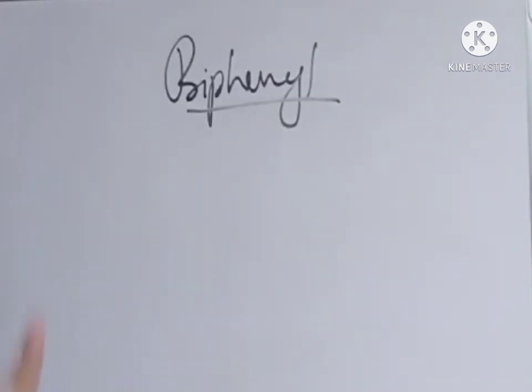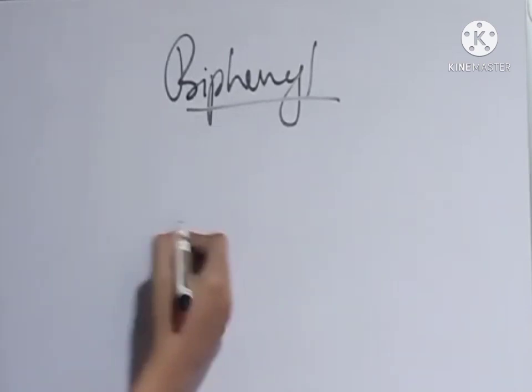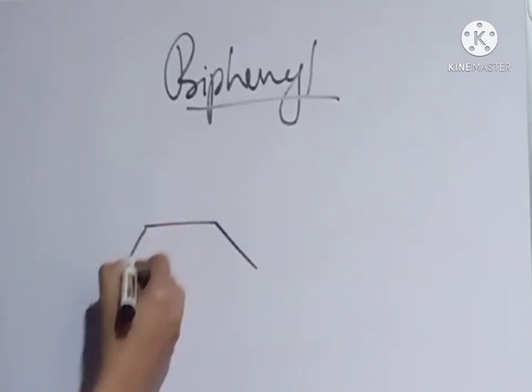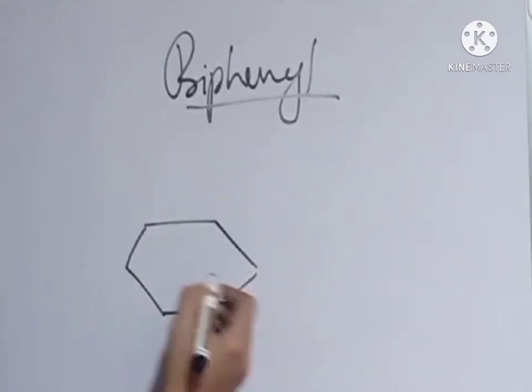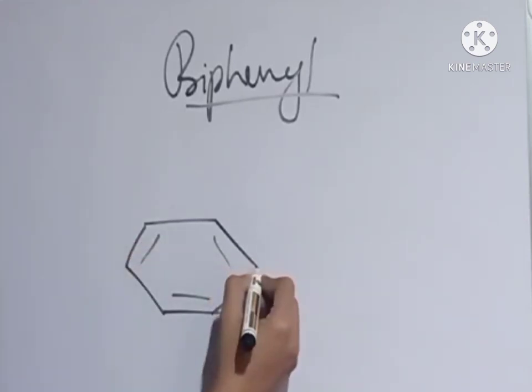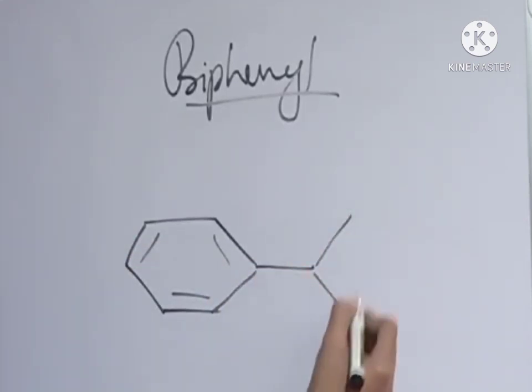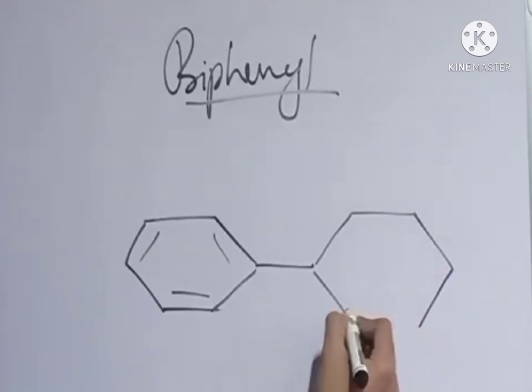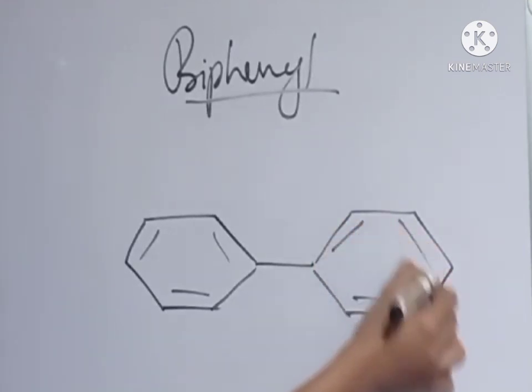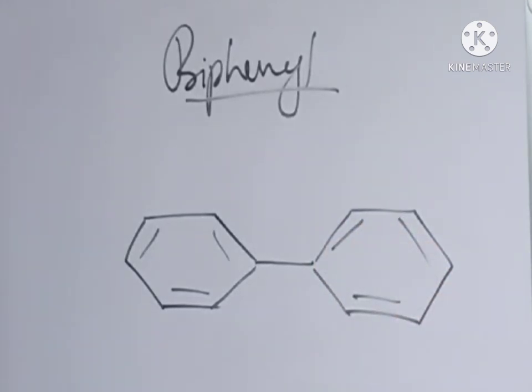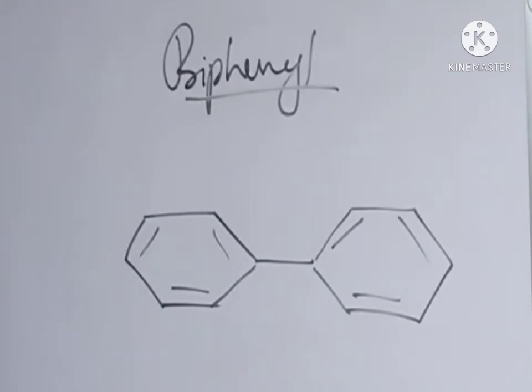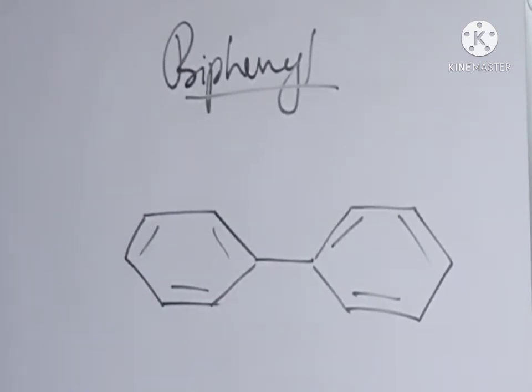The next one is suitably substituted biphenyl system. Like allene, this is the biphenyl system. Actually, biphenyl system is achiral, but suitably substituted biphenyl system is chiral.